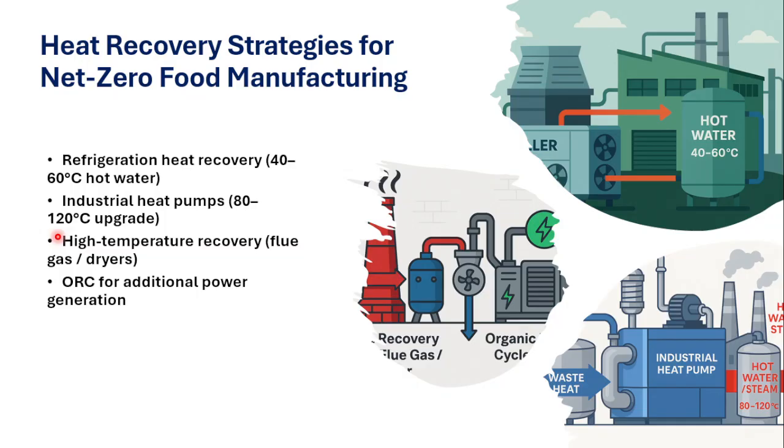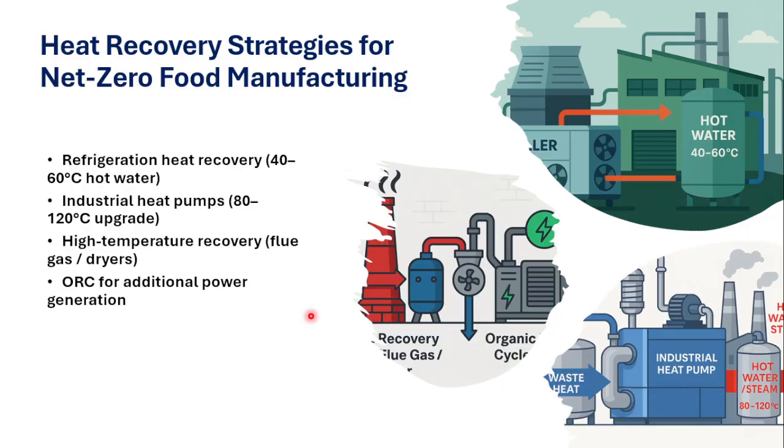This higher temperature heat can be used for pasteurization, sterilization, or making low pressure steam. Natural gases like CO2, ammonia, and propane are preferred because they are efficient and better for the environment, and you can use them in the industrial heat pump as a working fluid.